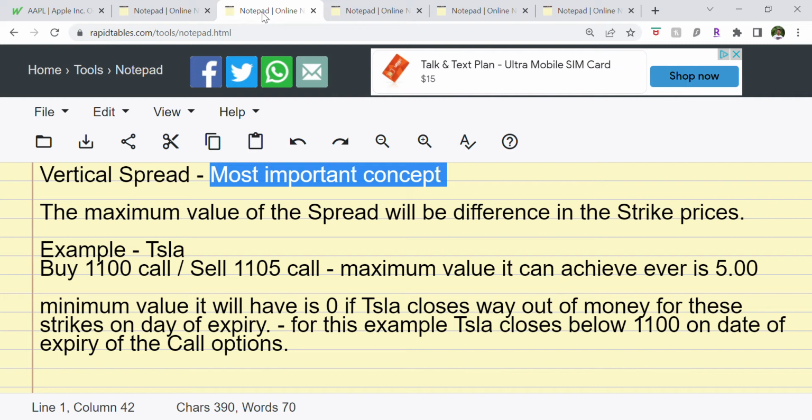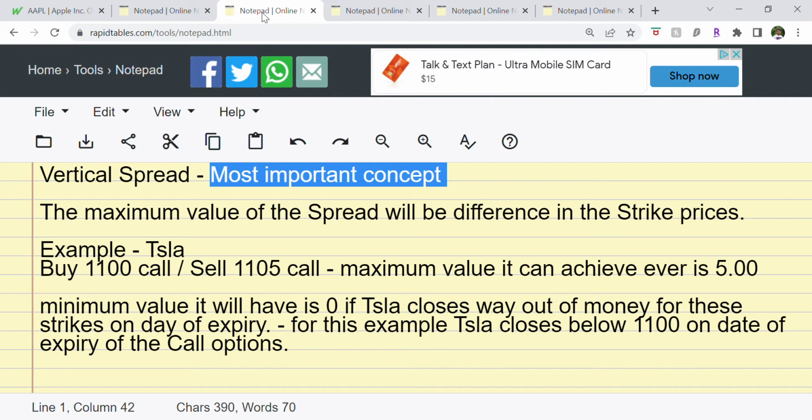If both options expire out of money on the day of expiry, it means the price of the stock did not reach the strike price you have chosen for your spread. It's easy to understand in terms of call options.